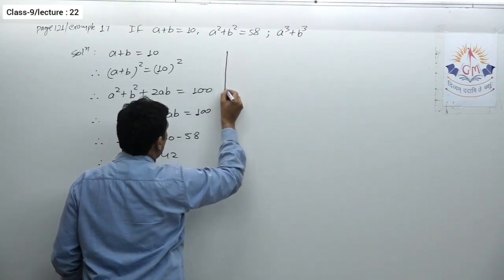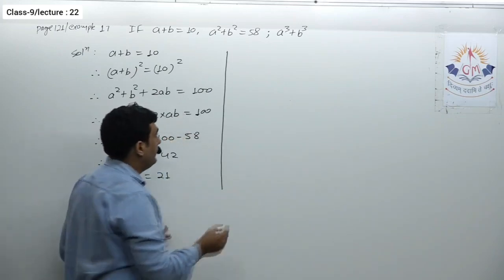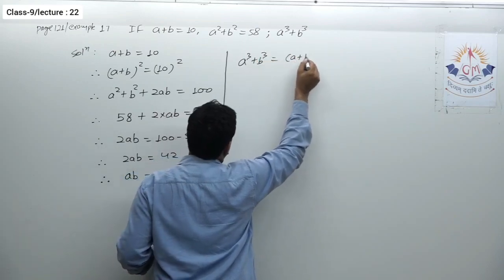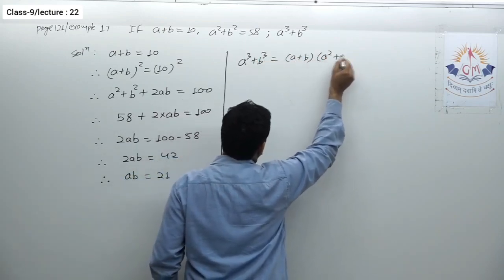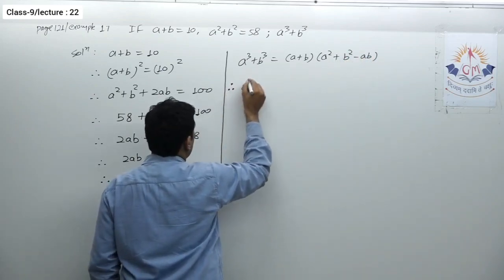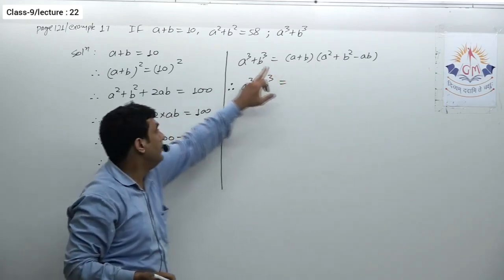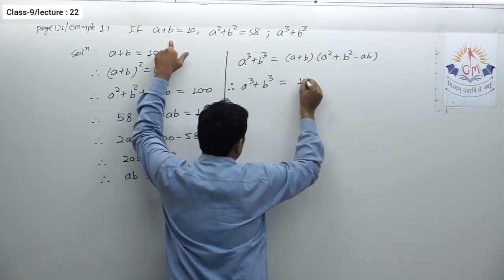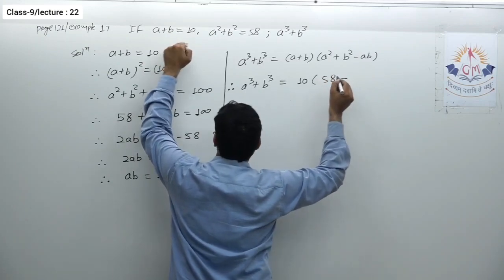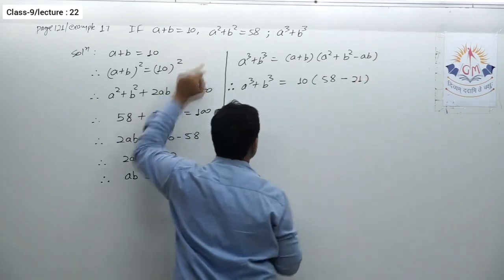Now as we got ab equal to 21, we'll go for a cube plus b cube. So a cube plus b cube is equal to a plus b, then a square plus b square minus ab. Therefore a cube plus b cube is equal to, in place of a plus b, the given value 10, bracket start, in place of a square plus b square we have 58, minus ab, in place of ab I can put 21.